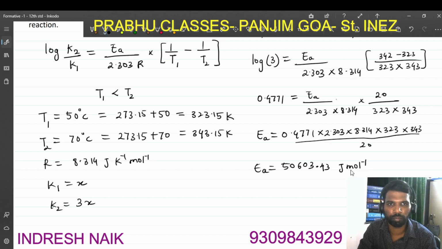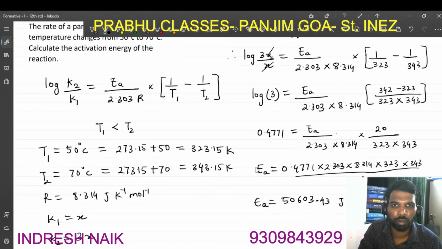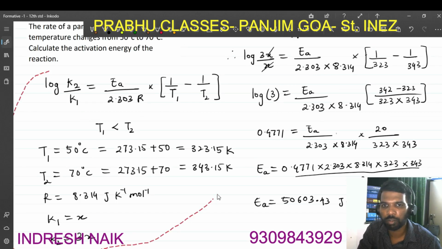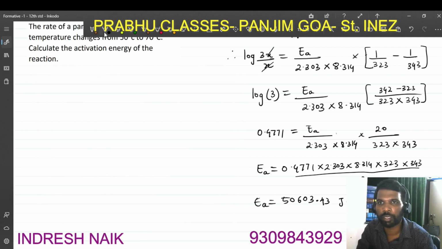per mole. Let's check the unit also. I'll use this space. You can take a screenshot, or hope you are noting all this down. So what will be the unit of EA? What is the unit of this 0.4771?